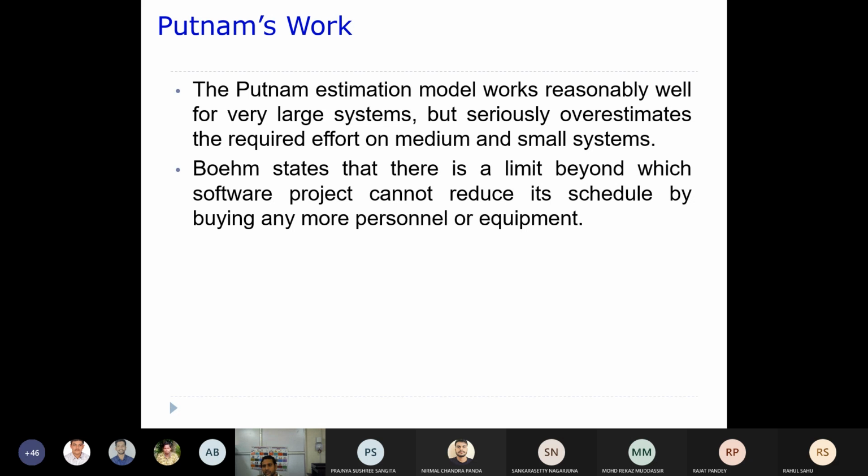Boehm says that if you want to compress the schedule, you can compress up to a certain extent, but not to whatever duration you want. Even if you have more resources and equipment, you will not be able to do that.